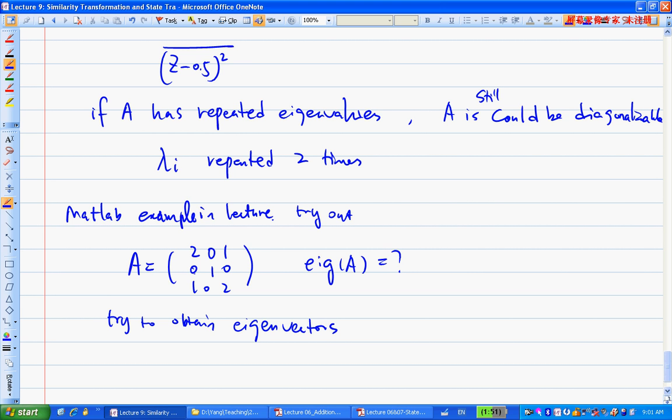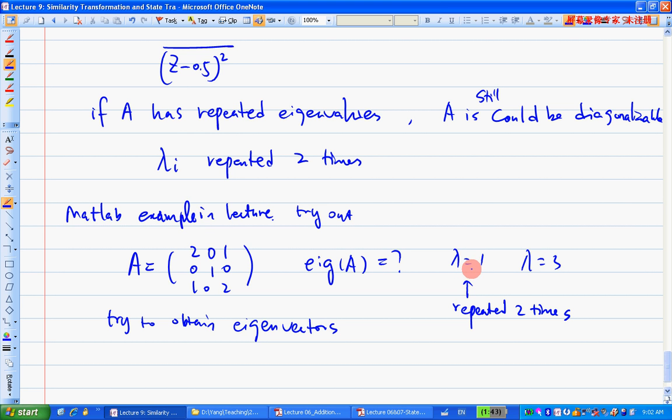For the A matrix here, I can tell you one eigenvalue is 1, the other is 3, and the 1 here is repeated twice. So what will be the eigenvectors associated with lambda equal to 1?